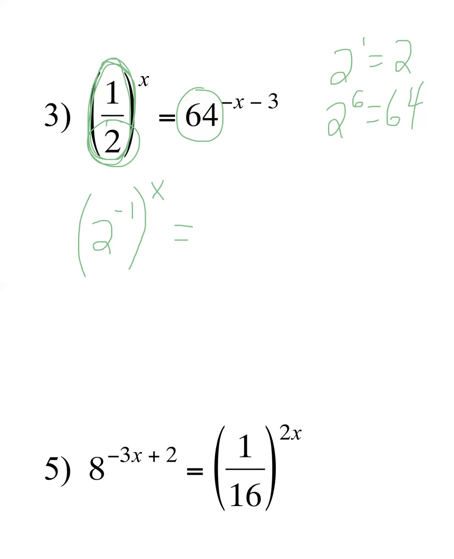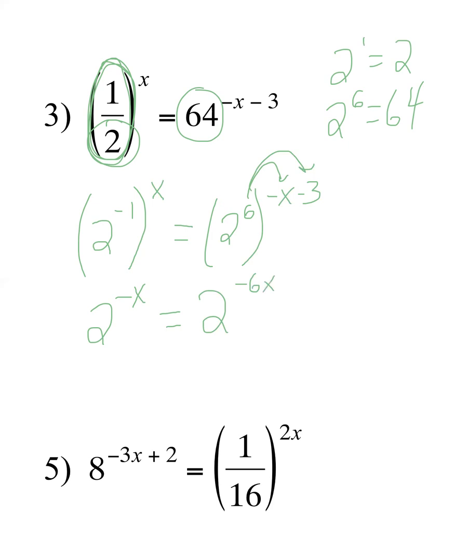All right, 64 is going to be 2 to the 6th. So I'm going to take 2 to the 6th, and then I'm going to raise it to this -x minus 3 power. All right, so on the left, I'm going to get 2 to the -x. And then on the right, again, you're going to have to distribute, so be careful. So that's going to be 2 to the -6x minus 18.